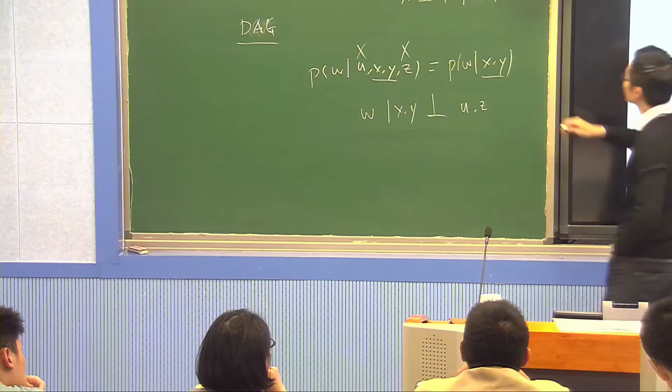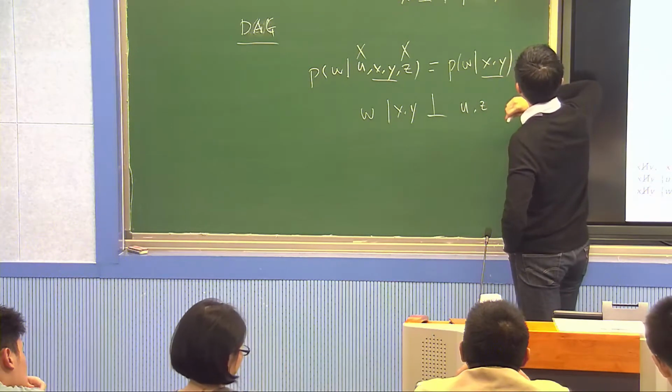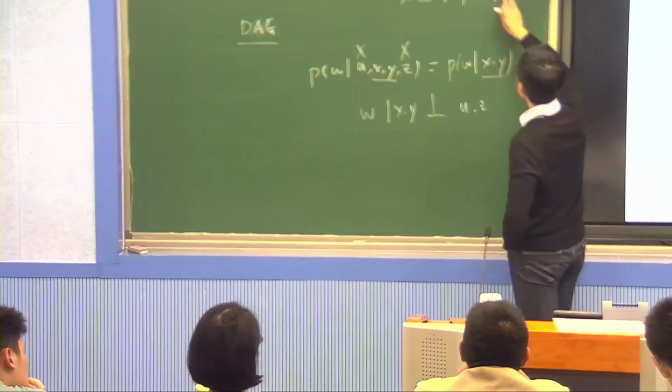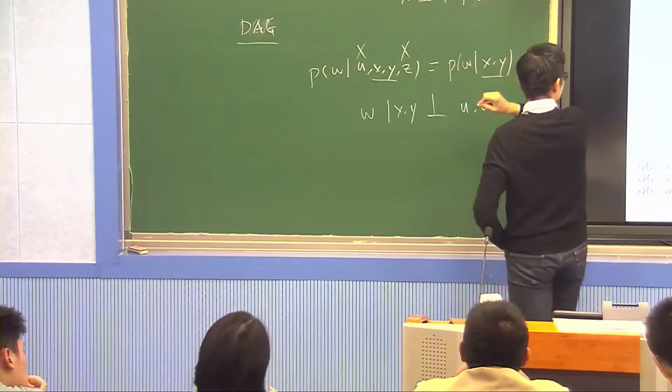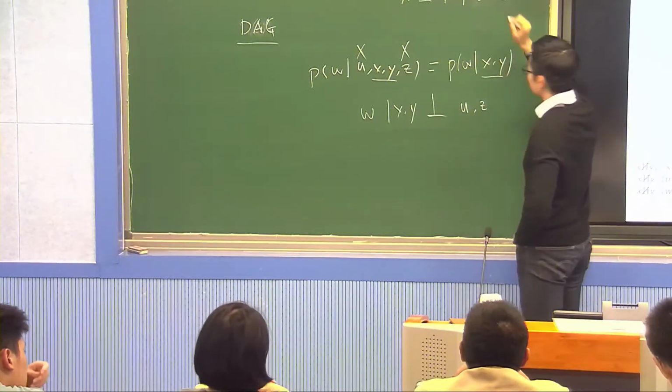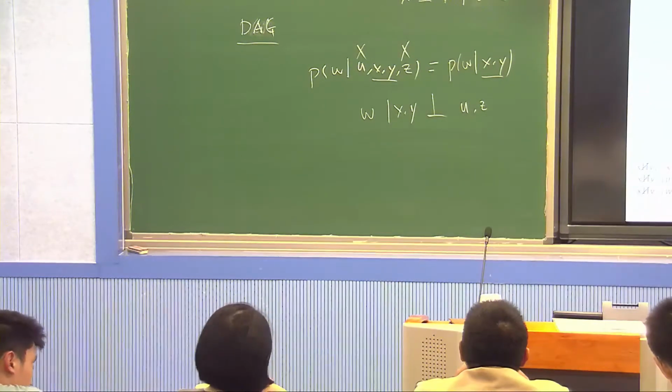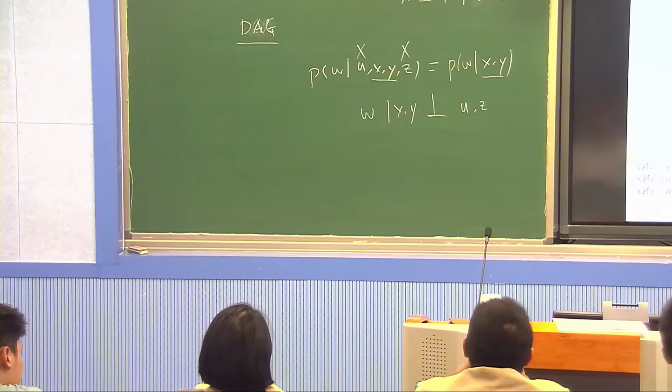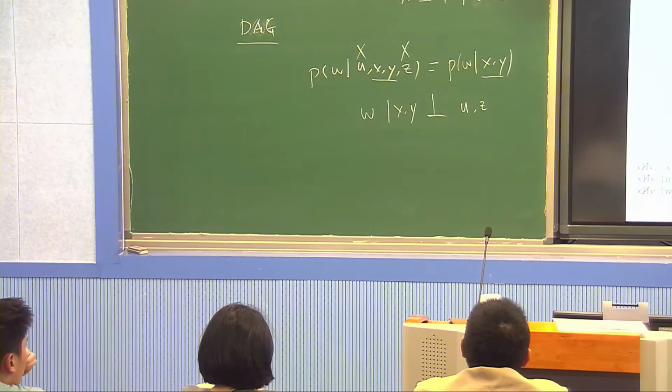What about conditioning on u, but also conditioning on z? Now this we haven't talked about in our class yet. But it turns out that if this path is blocked by a collider, you don't need to condition on the collider itself. If you condition on the children, it also opens up the path.